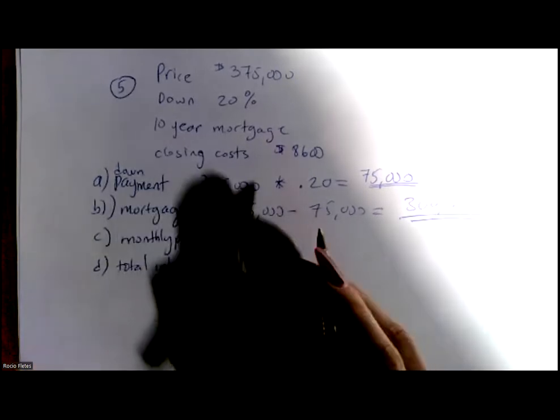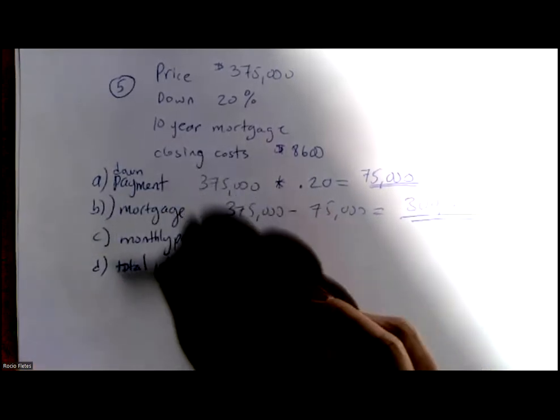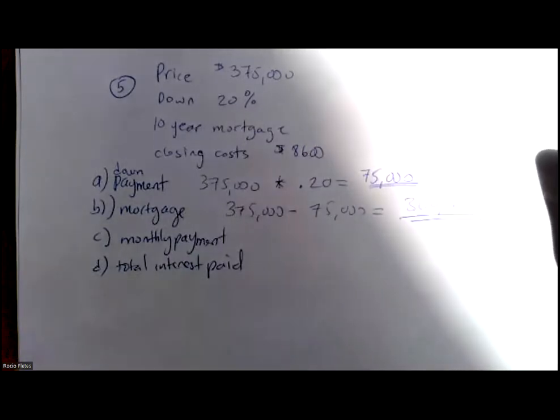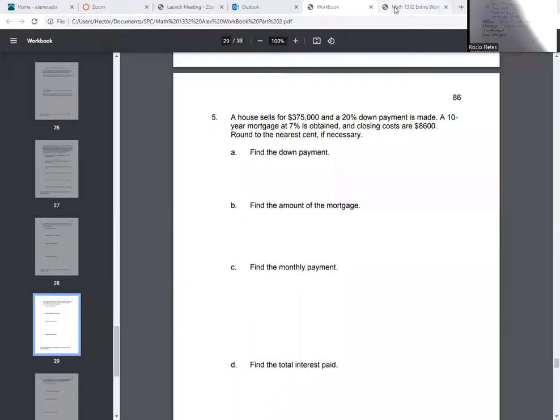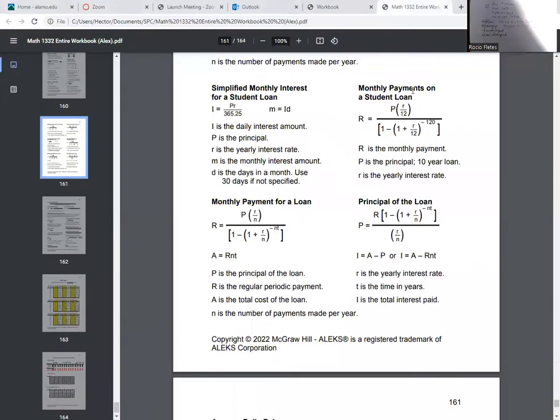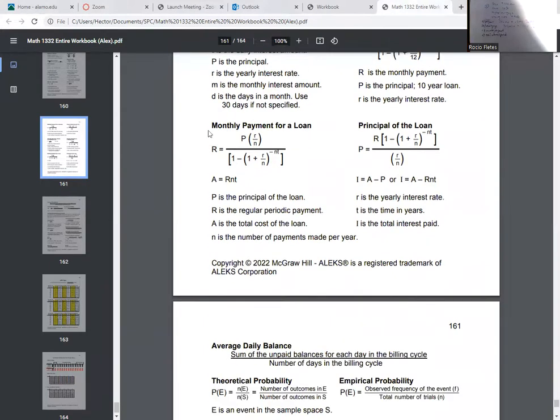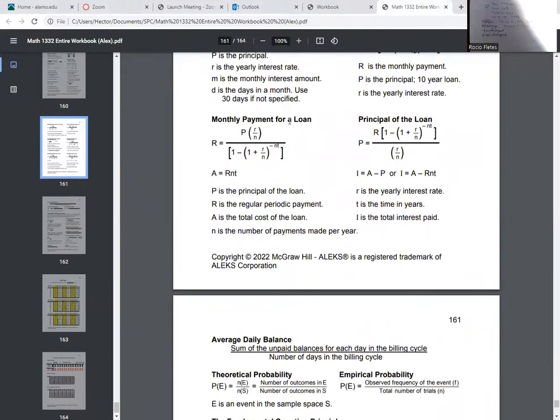For the formula, let me show you here. You're not going to use the formula for the student loan. You're going to use this formula here, the monthly payment formula, the one that has N instead of 12.